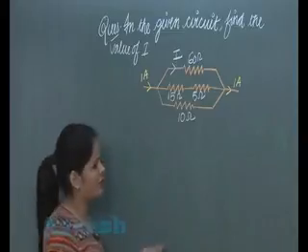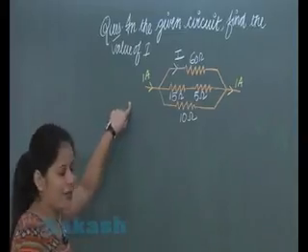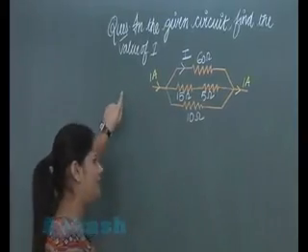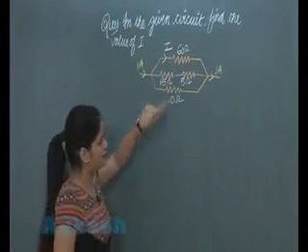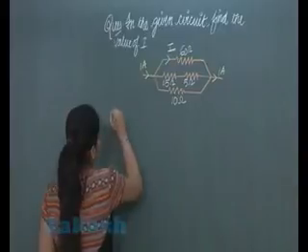So student, what's the question? A circuit diagram is given to us, and in this circuit diagram we need to find the value of I. So student, let's solve this question.